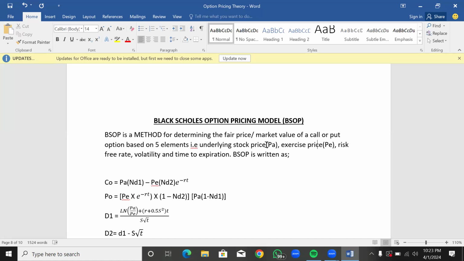Then our risk-free rate, which is represented as R. And we have volatility, which is also standard deviation, usually in decimal, represented by S. Then your time to expiration, represented with T. If it's 1 year, you put 1. If it's 6 months, that's 0.5, because that is 6 divided by 12. If it's 7 months, you do 7 divided by 12 and put it in decimal. So this is your T.